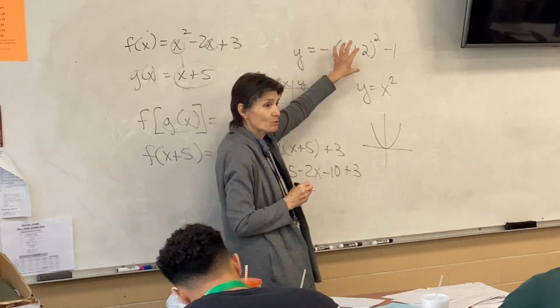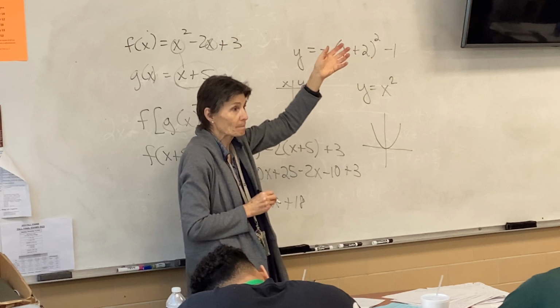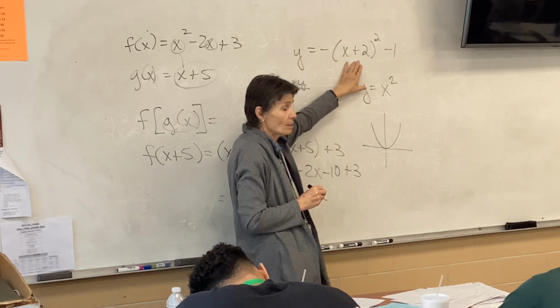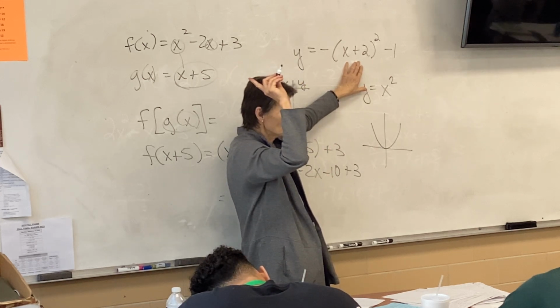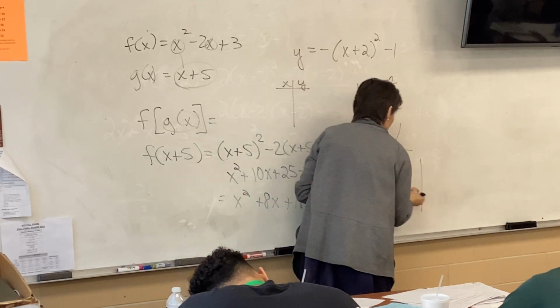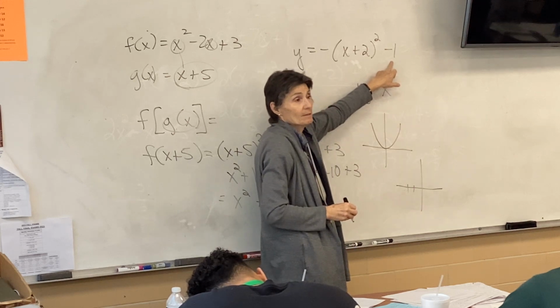Now, we've made some changes by putting stuff into this equation. What does that do? Adding 2 to the x moves you left 2. So whatever's happening, this guy's gonna go left 2. What does that do to it?